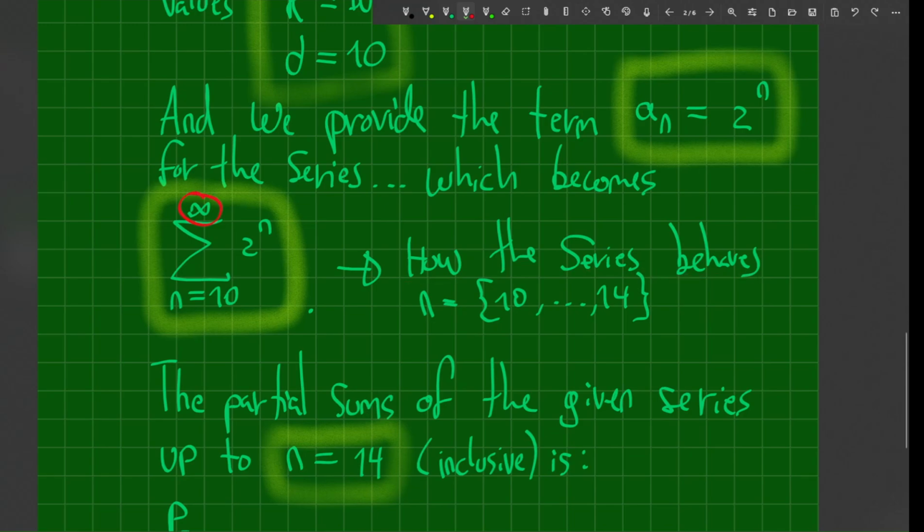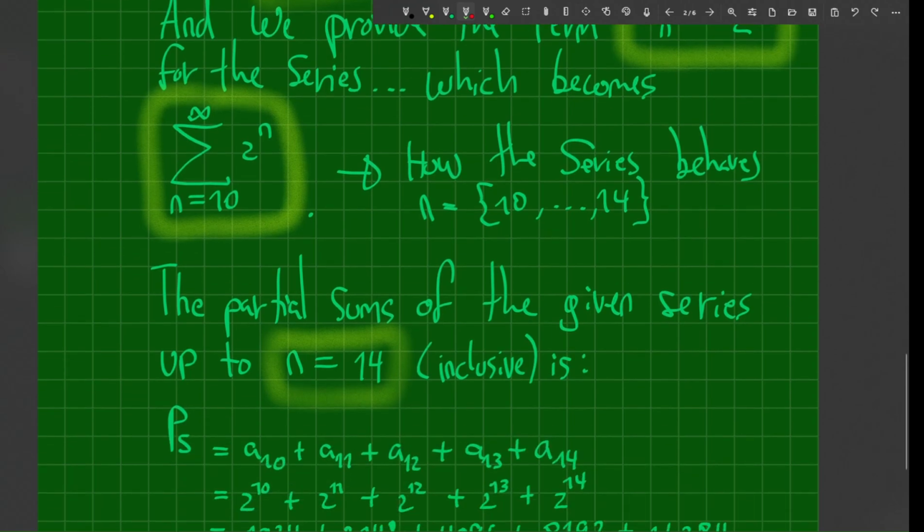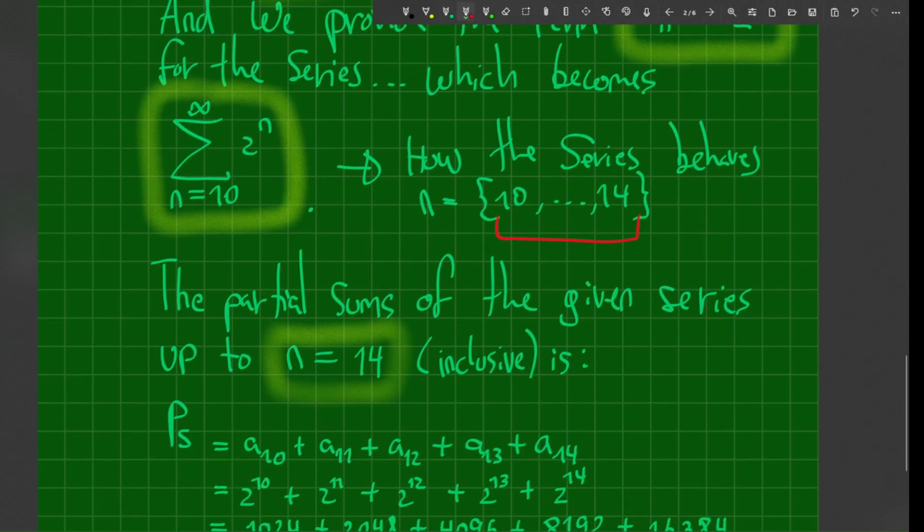But it's an infinite series, so instead of trying some crazy stuff, because infinity is insane, we will just set an upper bound, take a lower number and explore how these terms behave in this scenario.